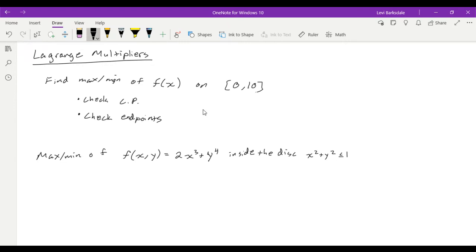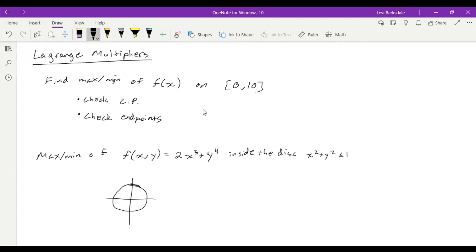Well, in that case, our boundary isn't just 2 points, it's a whole circle. We'd have all kinds of points, and we can't just plug in all the points because there's an infinite number of points. So how do we evaluate these endpoints?